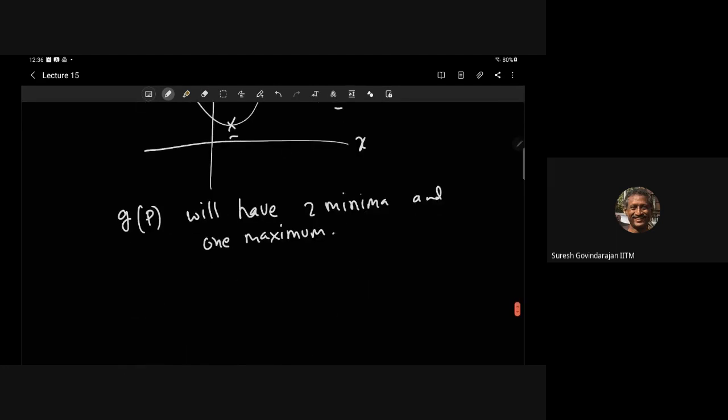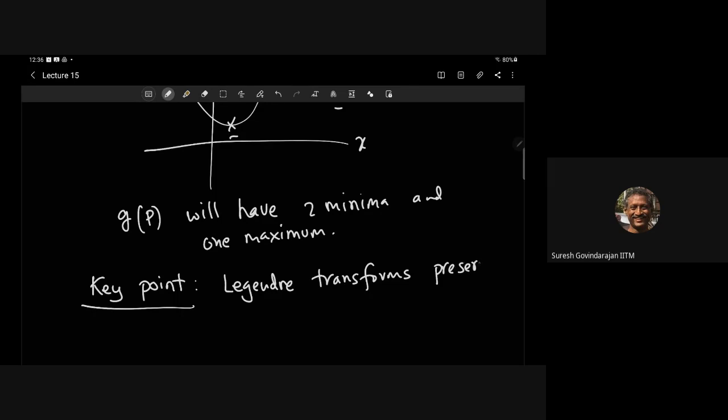Okay, so the key point is Legendre transform preserves extrema. Now let's go back to the Euler-Lagrange equations story. Euler-Lagrange equations are extremizing some action, right?